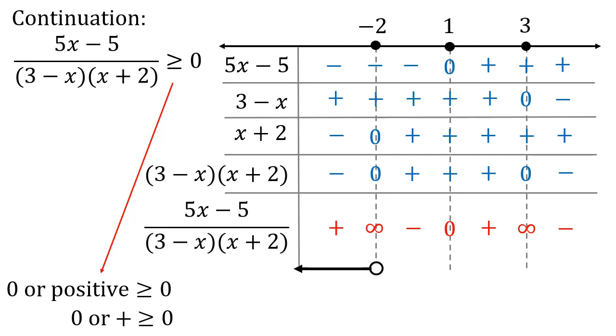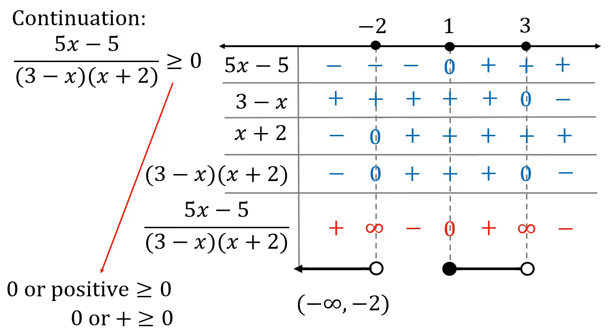So we're going to the left here because of the positive, and 0 is included because it is greater than or equal to 0. So positive, but the undefined is not included. And since the last result is negative, it does not belong to the solution of this inequality.